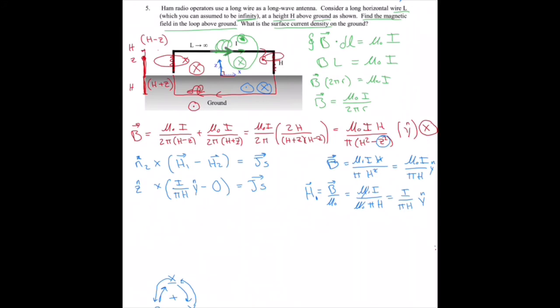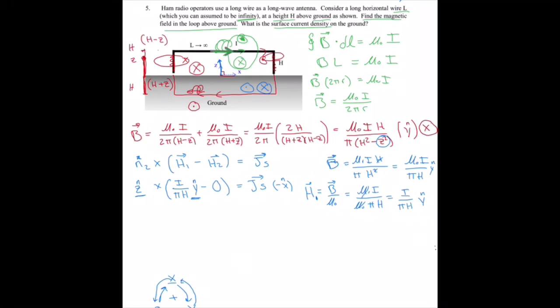So let's think about this. So now we have z cross y, that will give us a negative x answer. So we know that our surface current, let's just put it over here to remind us, will be in the negative x hat direction.